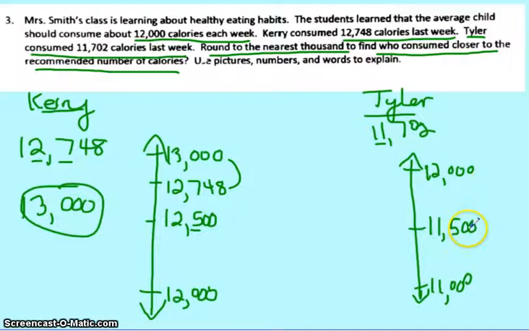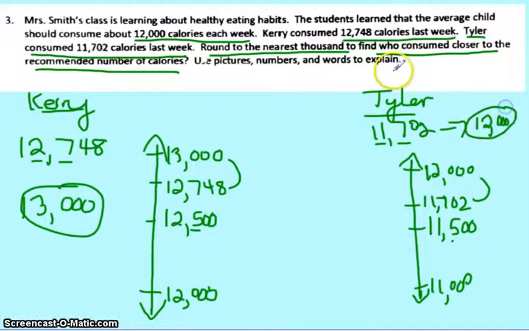So we have 11,702. We know there again that's 700. There's 11,500. So 11,702 would be up here in this area, which is closer to 12,000. So Tyler consumed approximately or about 12,000.